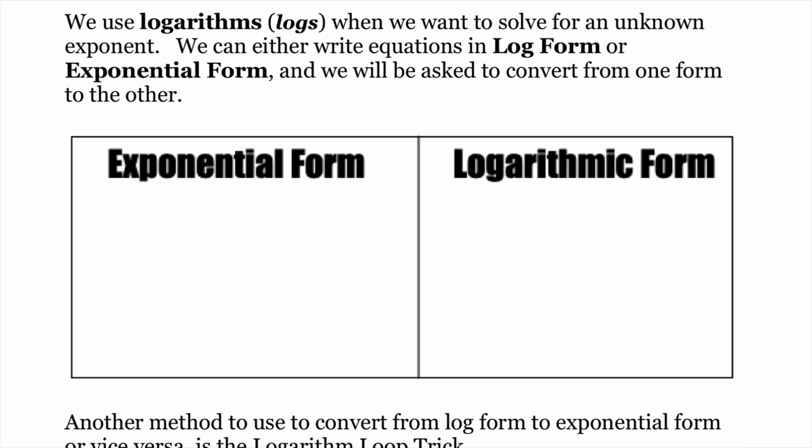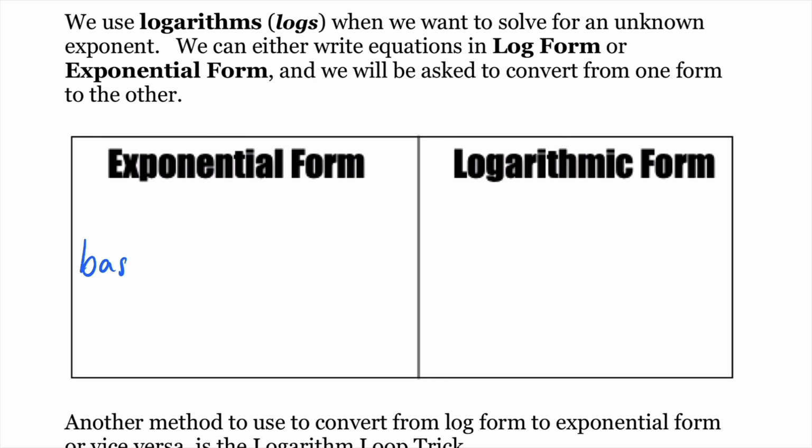Getting back to logarithms. Logarithms are when we want to solve for an unknown exponent. So we either write in log form or exponential form. I put exponential form first because we're used to seeing that. I color coded it on the board, so I'll color code it here too.